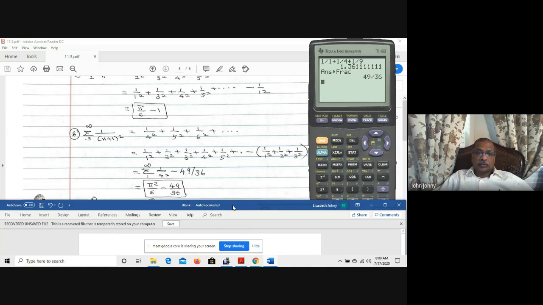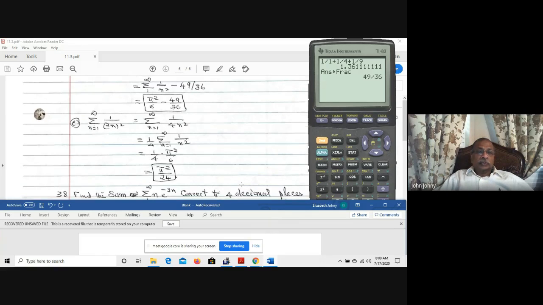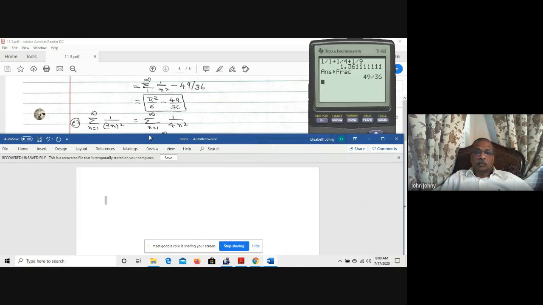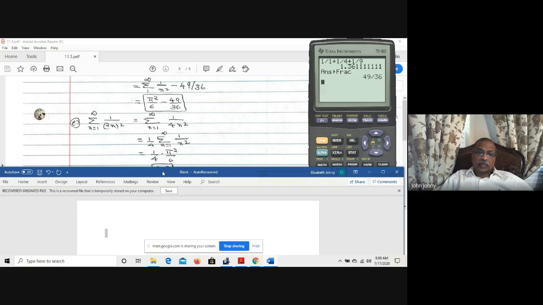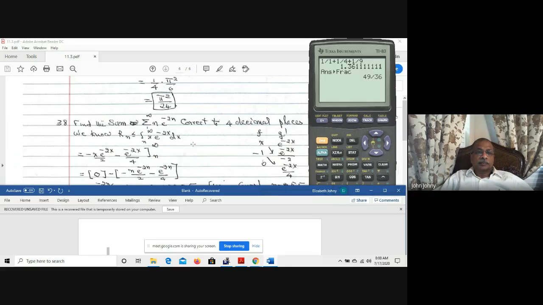So it is pi square over 6 minus 49 over 36. Then the sum of 1 over 2n the whole square, that is 1 over 4n square. So that is 1 over 4 times sigma 1 to infinity 1 over n square, which is 1 over 4 times pi square over 6. Answer is pi square over 24.